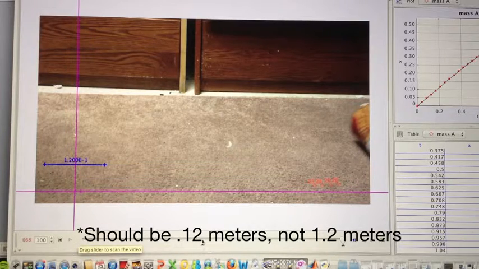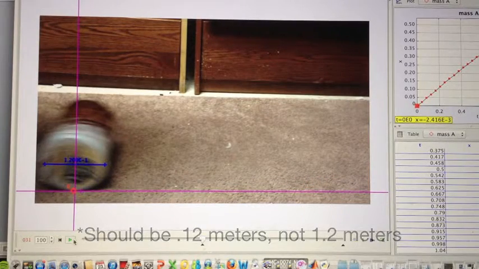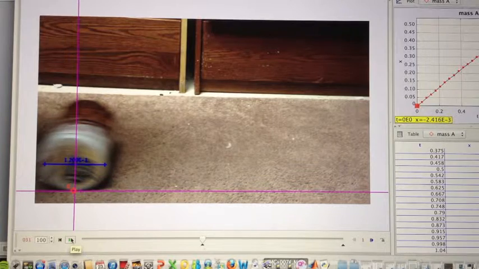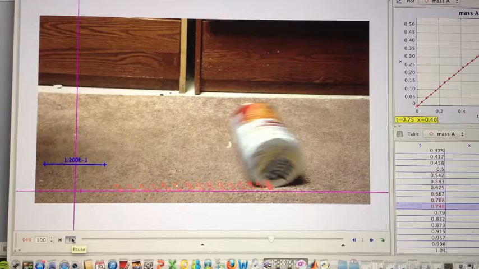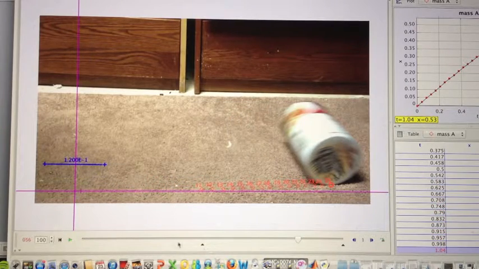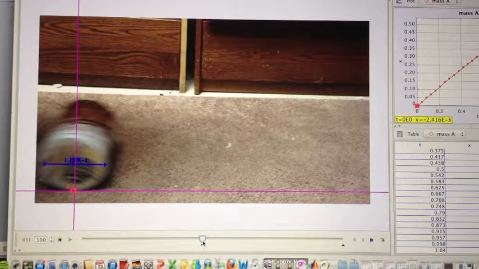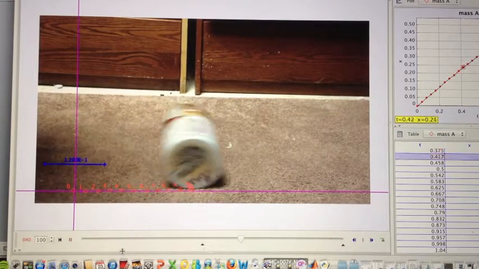As the object is rolling, I used the bottom middle of the can as the point to track. I started it at the origin, and it's moving in the positive x direction. I stopped it once it was off the screen, and it started to slow down towards the end.